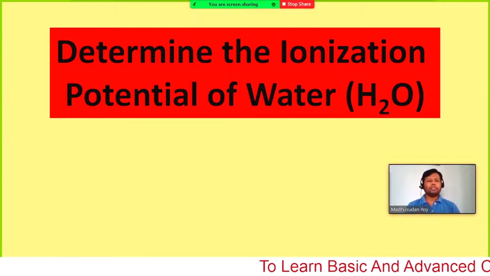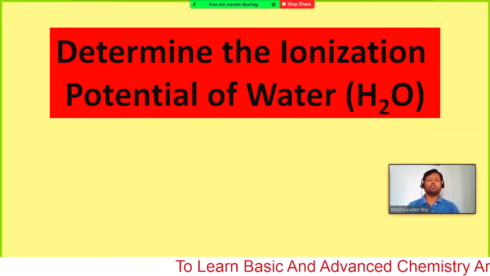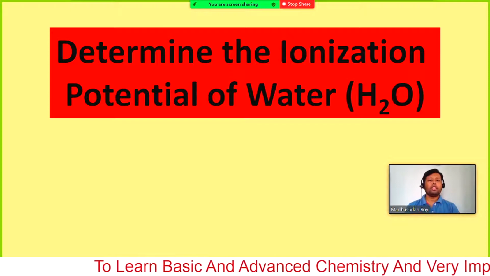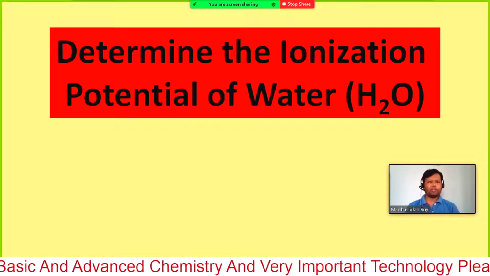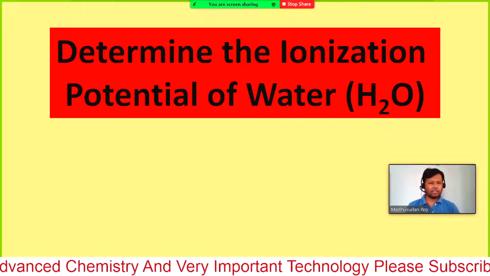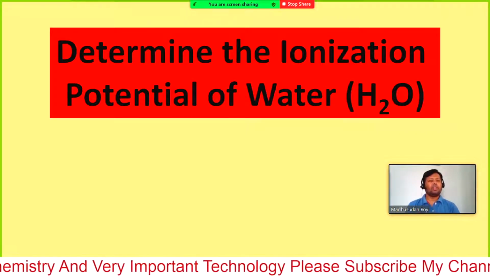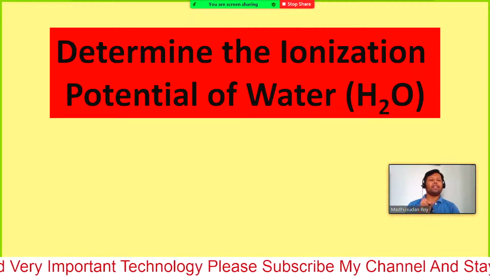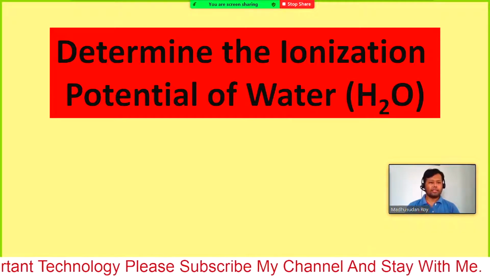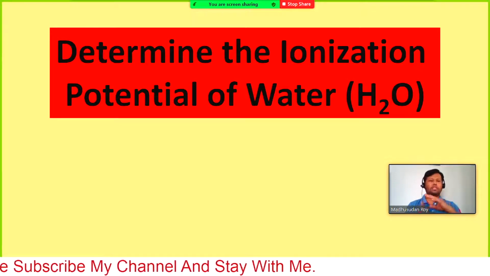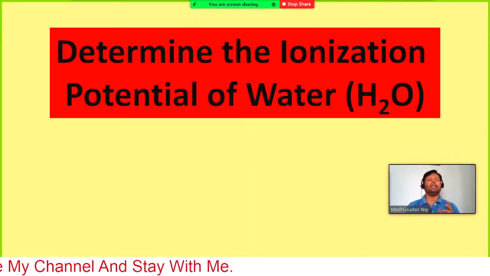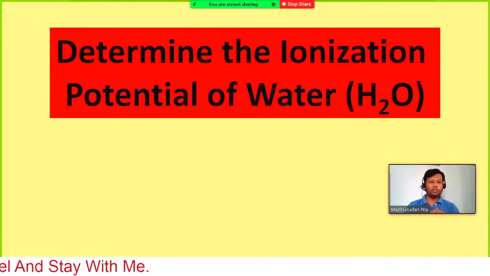Then another molecule, removing one electron, that will be the water ion, H2O+. You have to find out the energy of H2O+. Then just subtract the energy of the neutral water and the energy of the water ion. That will give you the ionization energy. So that is very simple.